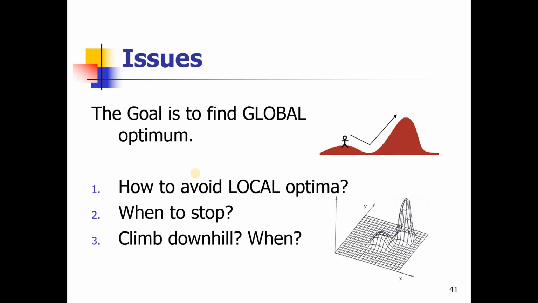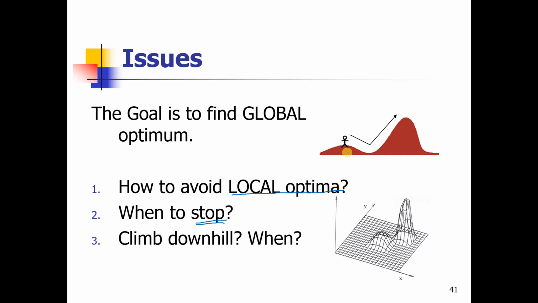So the issue is that the goal is to find the global minimum, which is not possible with simple hill climbing search. So how to avoid the local optima, that's a big question. And when should you stop searching for the best point? You keep on searching, when will you stop? These are the issues with hill climbing.